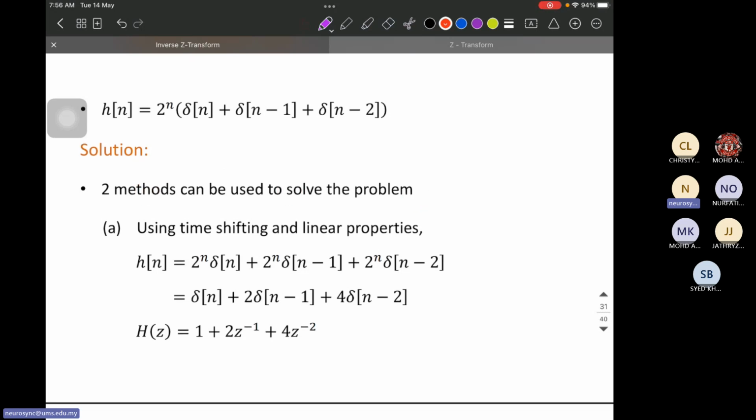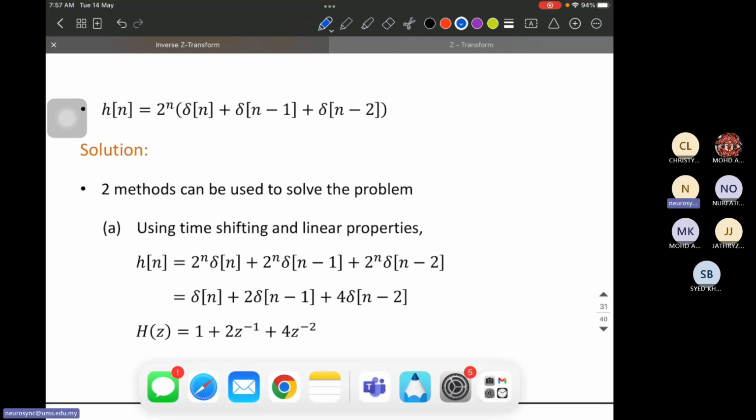One is the time shifting property, which we can apply, since 2 to the power n is multiplied to all terms.